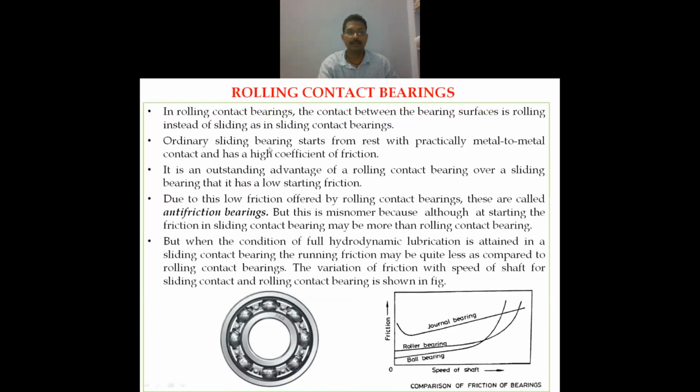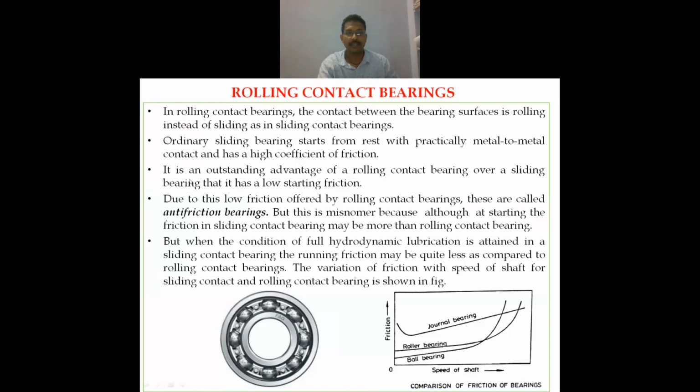Coming to rolling contact bearings, the contact between the bearing surfaces is rolling instead of sliding as in sliding contact bearing. An ordinary sliding bearing starts from rest with practically metal to metal contact. In sliding bearing, you can find the shaft and the bush are practically in metal to metal contact initially.